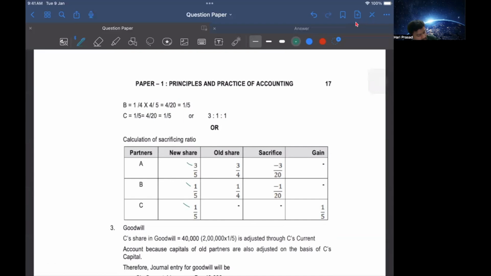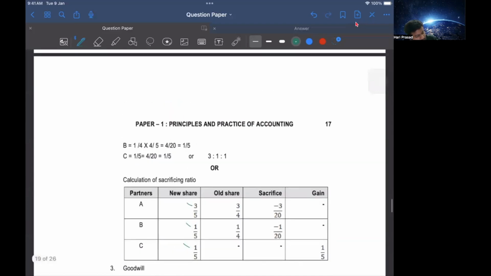How can we find the sacrificing or gaining ratio? Sacrifice or gaining ratio is new ratio minus old ratio. Let's see.